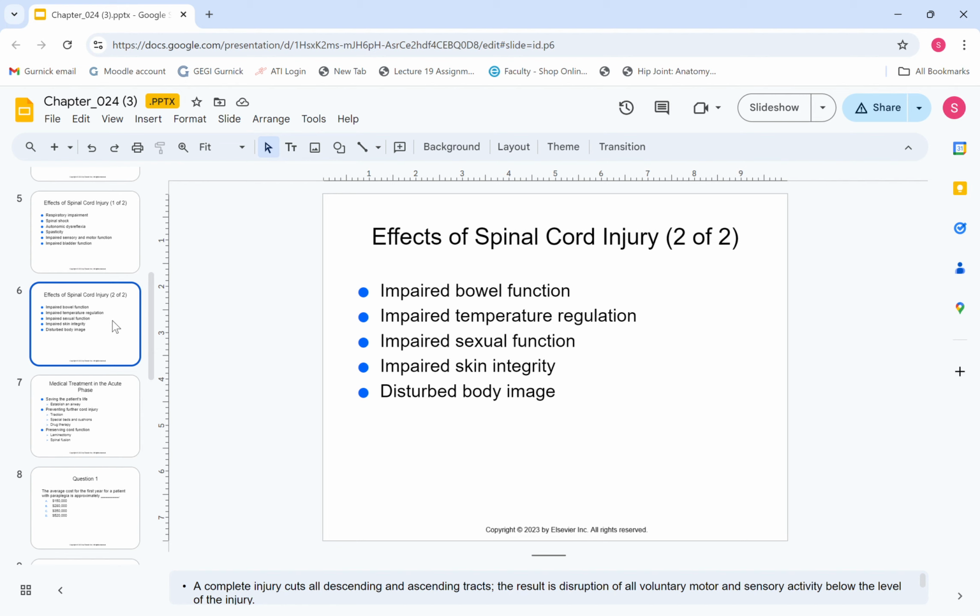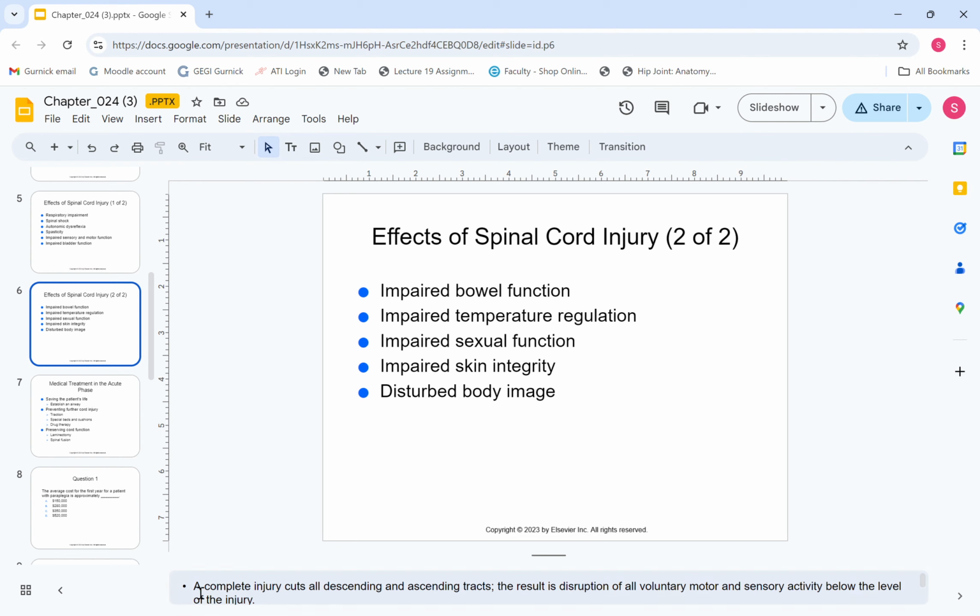But we're at increased risk for breakdown of our skin. Disturbed body image, of course. Your body isn't functioning the way you would like it to. Maybe now your body doesn't look the way you want it to. Maybe you don't like being in a wheelchair. You don't like how that looks. So, disturbed body image.